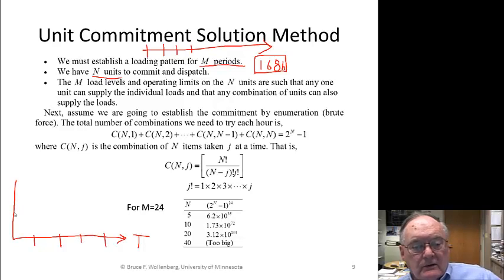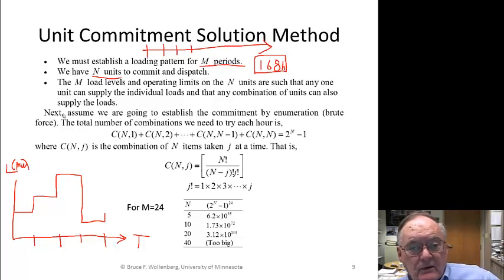And we're going to say the load starts here, the load comes up, the load peaks, then the load drops, let's say really far, then it goes back up. So this is the load L in megawatts. So there's my load in megawatts. And for each hour, there's a different load value.